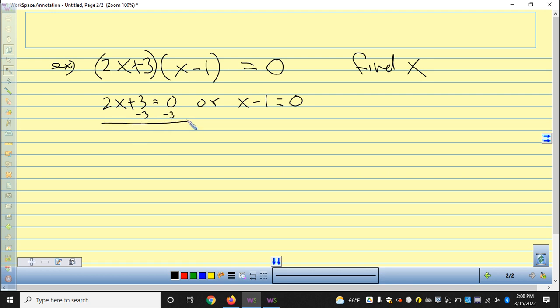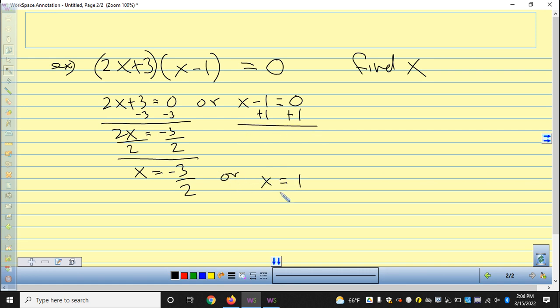I'm going to subtract 3. So I get 2x equals negative 3. Divide by 2, and x equals negative 3 over 2. We could divide and say that's 1.5 if we wanted. Negative 3 halves is okay. Here I'm going to add 1, and I get x equals 1.